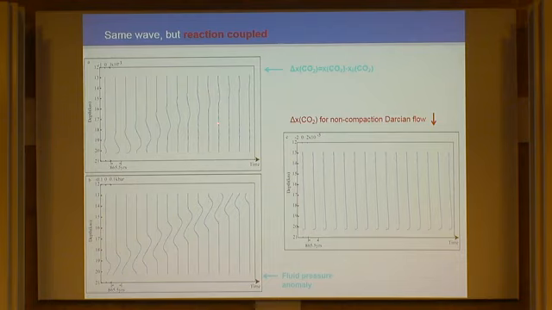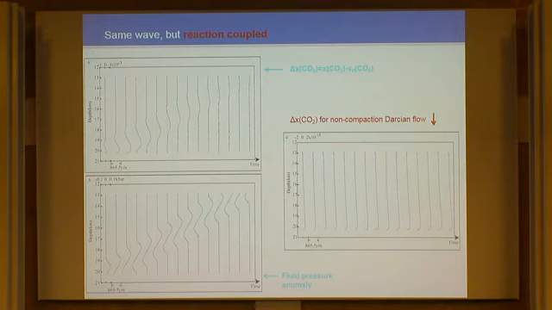Here is the case for dusting flow. The CO2 change is minimal because the reaction rate is fast. And for this case of porosity wave propagation, there's fluid overpressure and underpressure associated with the wave propagation.